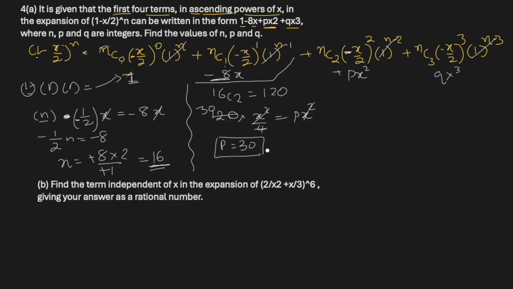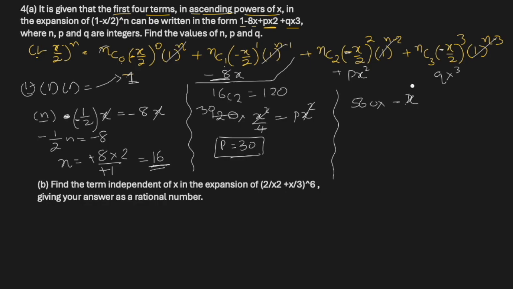We got n, we got p, and the last one will be q. NC3, which will be 16C3, is 560. So 560 multiplied by minus will remain minus because of q, it's an odd exponent, so minus remains minus, times 1 over 8.